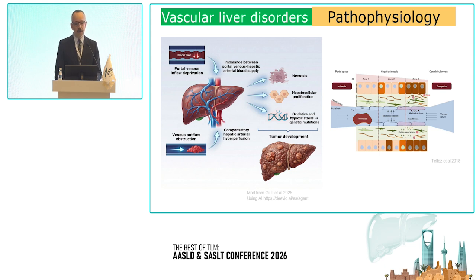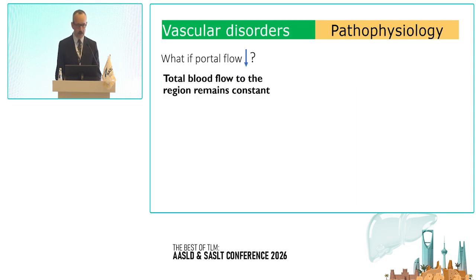And there are some other drivers for the appearance of tumors, such as necrosis and oxidative stress that trigger genetic mutations. But the main reason to have these hypervascular lesions will be the lack of a good inflow from the portal.